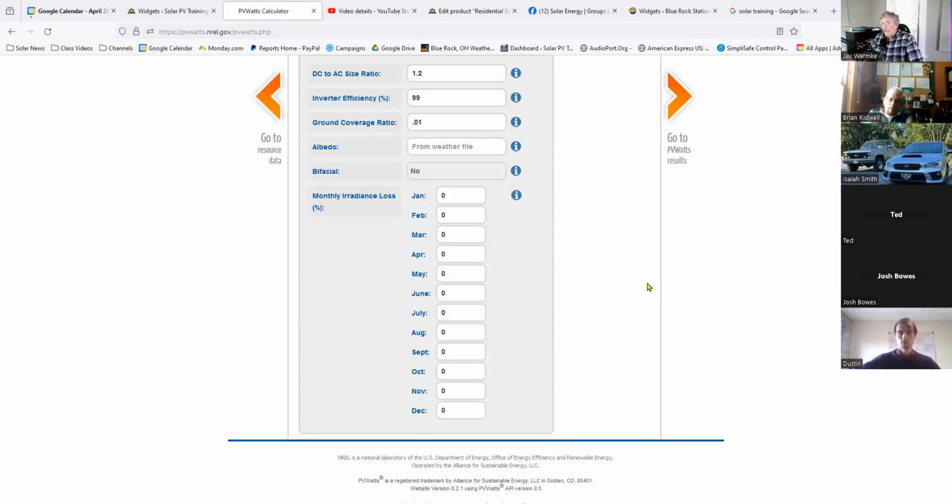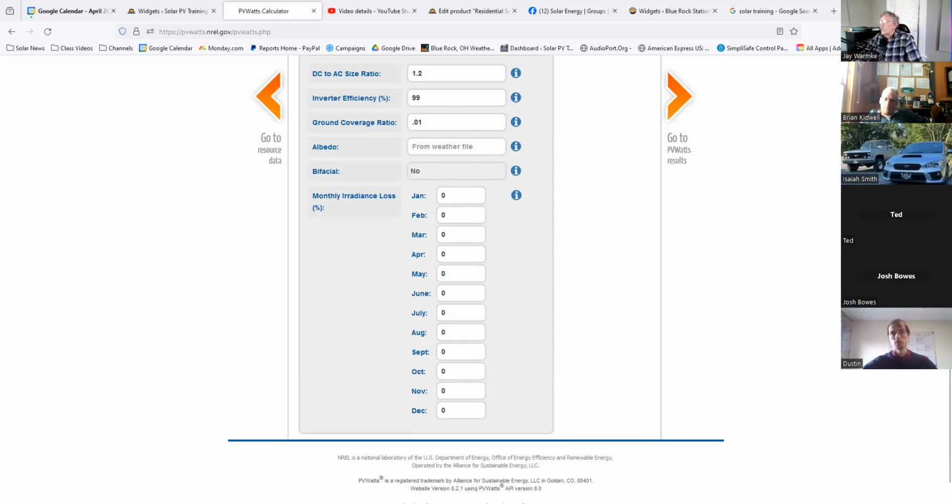You figure out which month is the worst ratio between those two, and then you design the system for the worst month. So for instance, in February, you may produce the least amount of energy, but you might have the highest amount of electrical use. So you've got to set your array up for that.